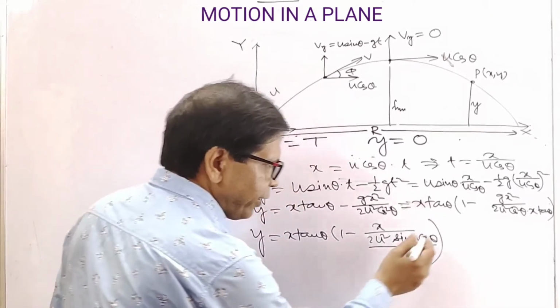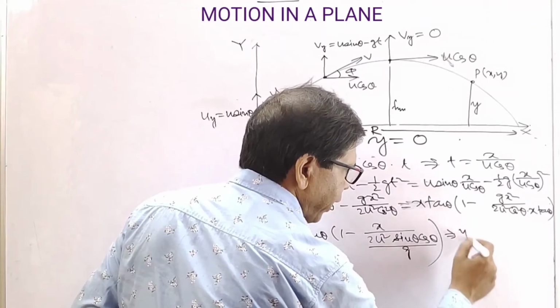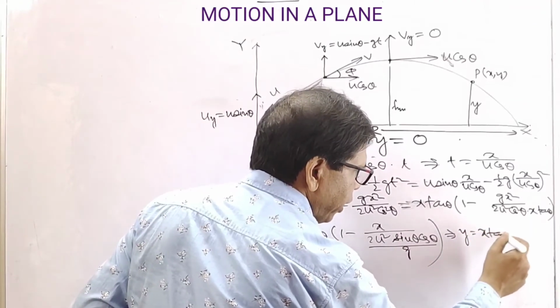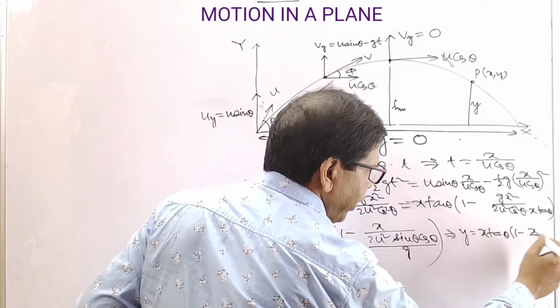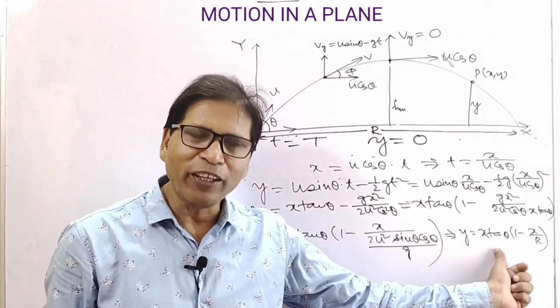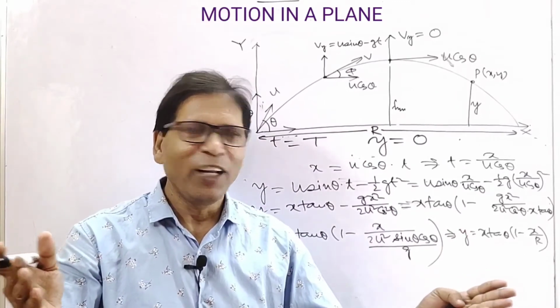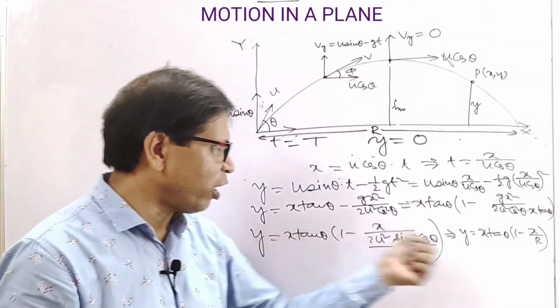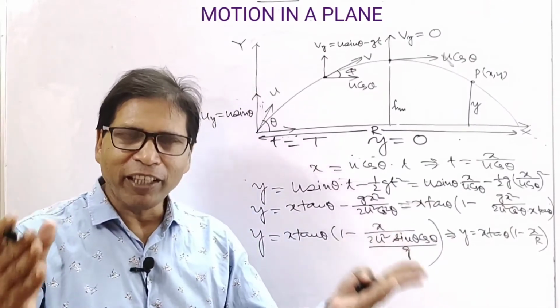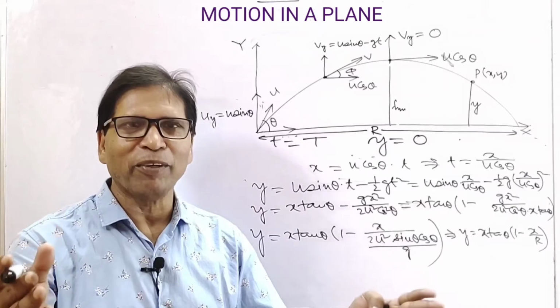This is the horizontal range capital R. So y equals x tan theta into 1 minus x by R, which is also the equation of trajectory of the projectile. This equation is the equation of a parabola. So the equation of trajectory is parabolic.